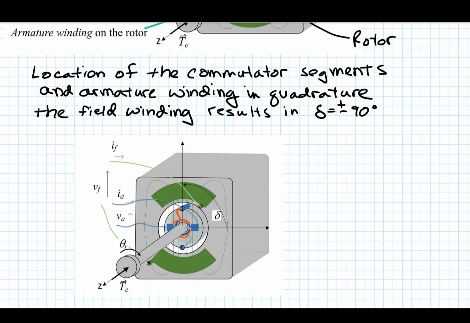The wire coming from that, connecting it to the top supply part of the winding, and then coming back and connecting back to the bottom segment here.